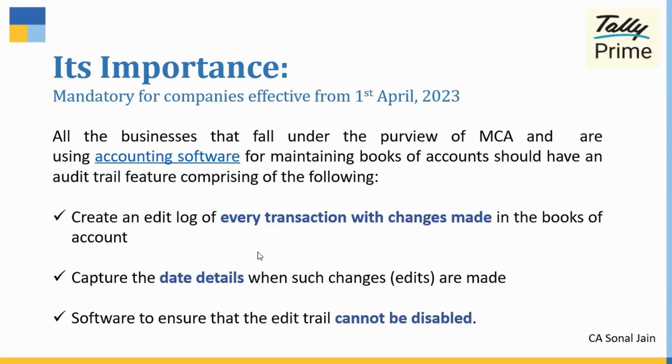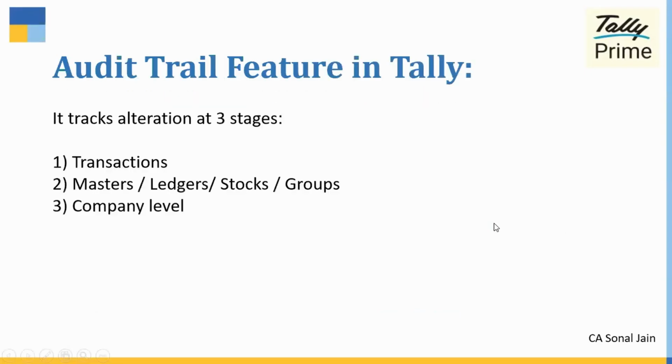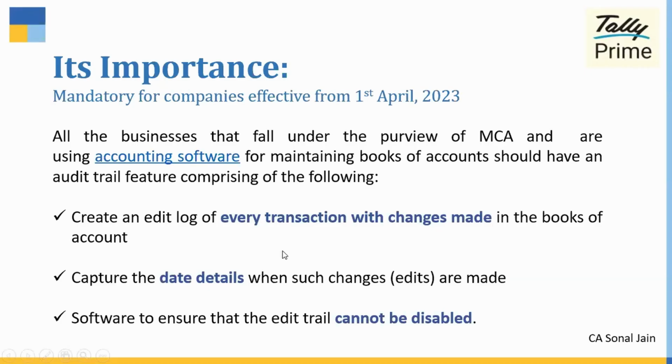And see what the law says. The law says that all business entities that fall under the purview of MCA and are using accounting software to maintain books of account should have an audit trail feature comprising the following: create an edit log of every transaction with changes made in the books of accounts, capture the date detail, and ensure that the edit log cannot be disabled.